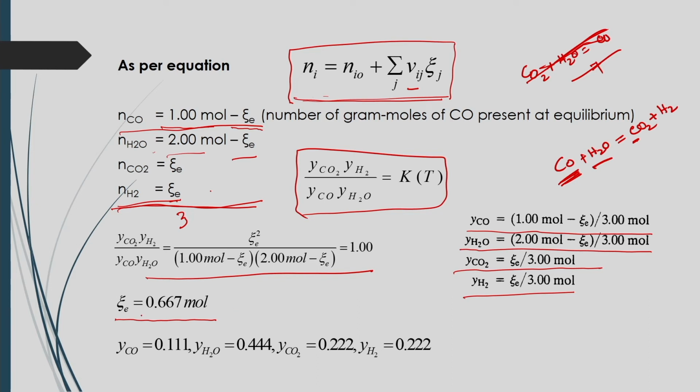Now, after substitution of ξ into the mole fraction of each component, you will see that the mole fraction of carbon monoxide comes out as 0.111, and the mole fraction of water comes out as 0.444, just by substituting the value of ξ. Similarly, you get the mole fractions of carbon dioxide and hydrogen after substituting ξ. Finally, the mole fraction of carbon dioxide is 0.222 and hydrogen is again 0.222.